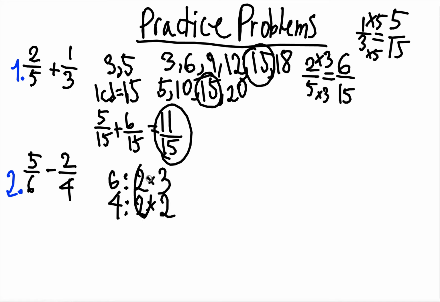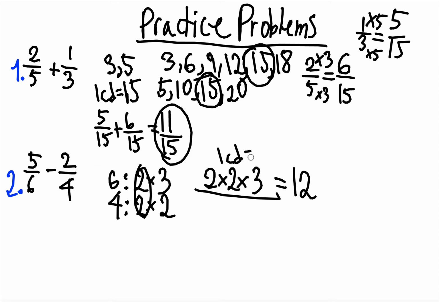And we see that 2 here is common, which means we bring it out, and we have another 2 and a 3, which we add to the equation and get 2 times 2, which is 4, and multiplied by 3, that is 12. Which means our LCD is 12.